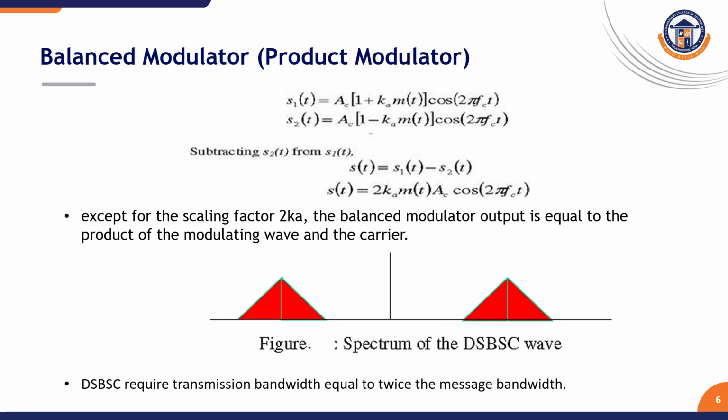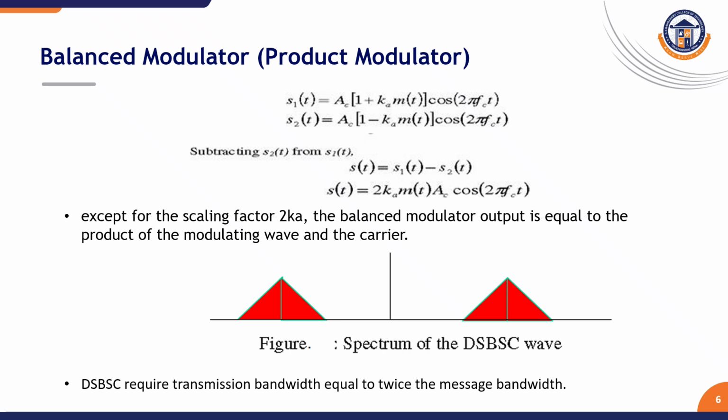And s2 of t is equal to Ac, the amplitude of the carrier, into 1 minus Ka m of t into cos of 2 pi fct. By the adder, subtracting s2 of t from s1 of t, so s of t is equal to s1 of t minus s2 of t. Because of the sign reversal, by the subtraction we get s of t equal to 2 Ka m of t into Ac into cos of 2 pi fct.